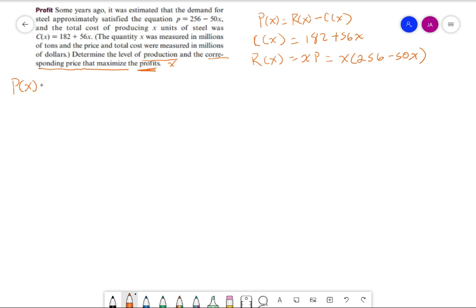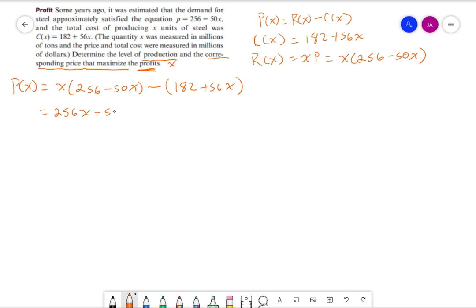Our profit function P of x is going to be x times 256 minus 50x, and then minus our cost function. But always make sure you put parentheses around your cost function. That's 182 plus 56x. So now we need to simplify this because we need to maximize it, and since we need to maximize, that means it's an optimization problem with derivative tests. And so let's clean it all up.